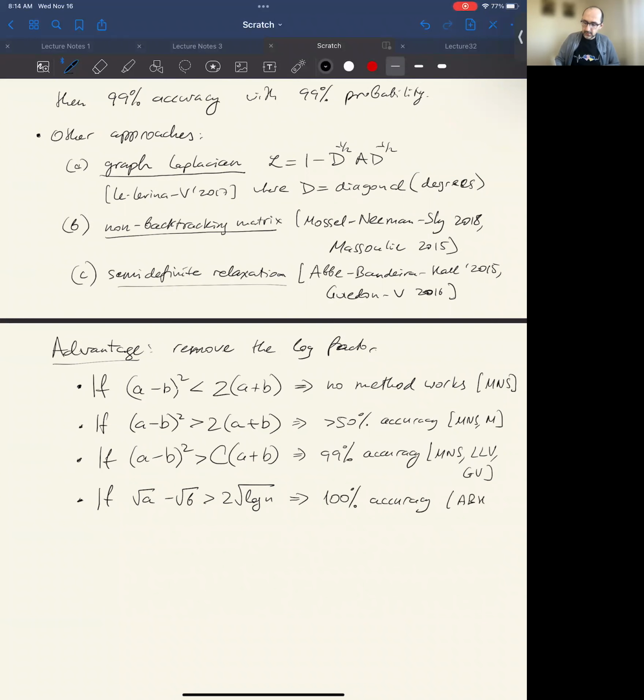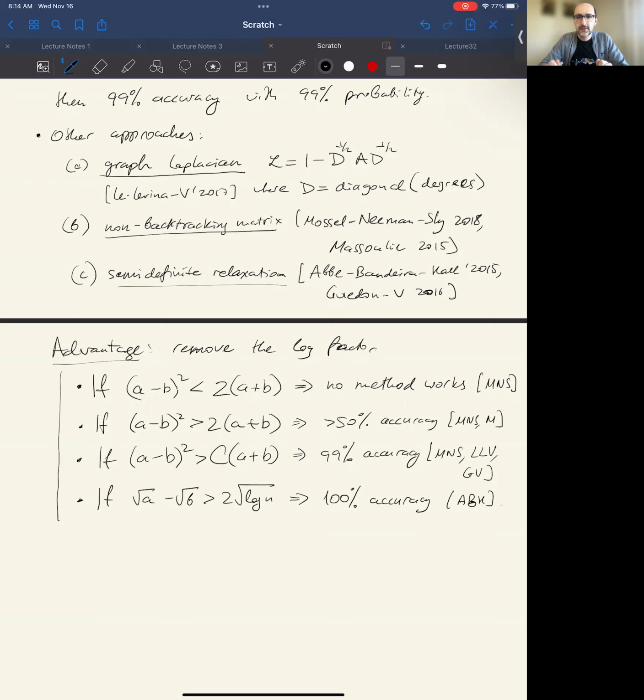Abbe, Bandeira, and Hall. 100% accuracy, which means that all of the boys and all of the girls are classified correctly, up to permutation, of course. So this is the state of the art as of today. In recent years, this problem, the community detection problem, has been completely solved.